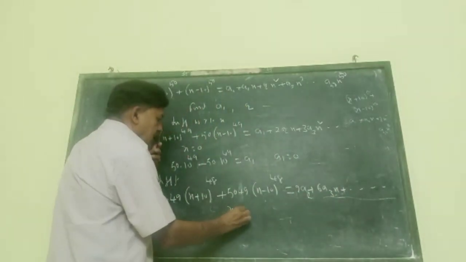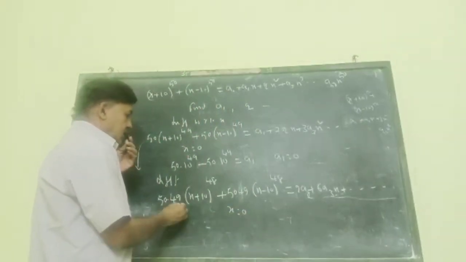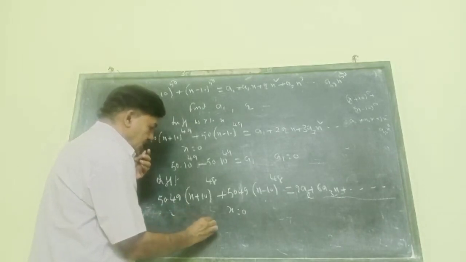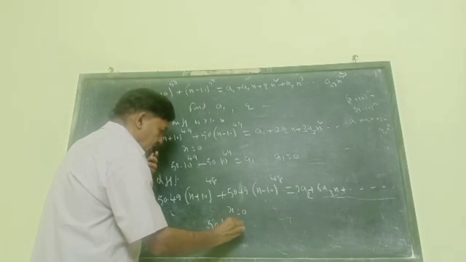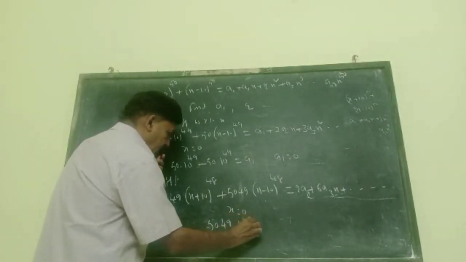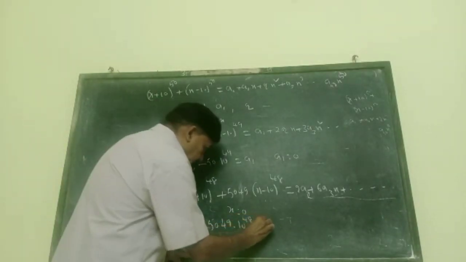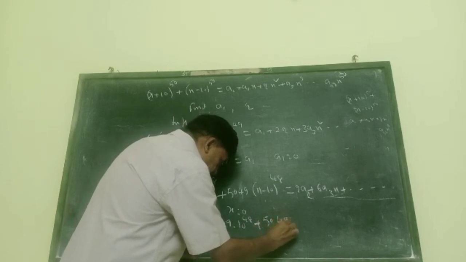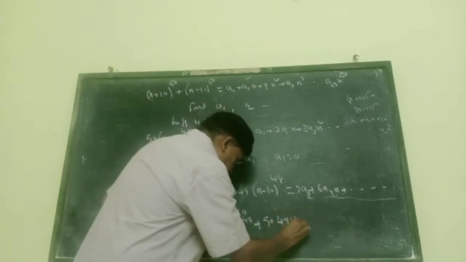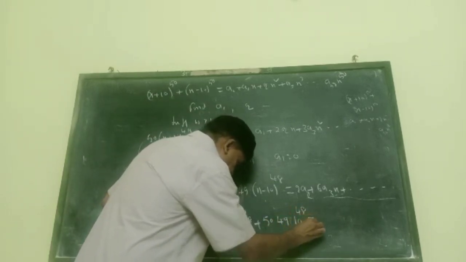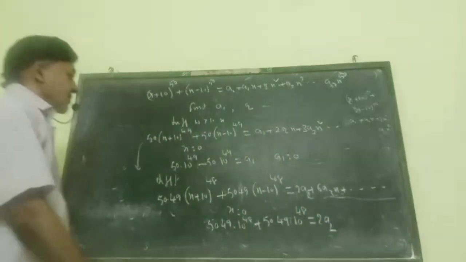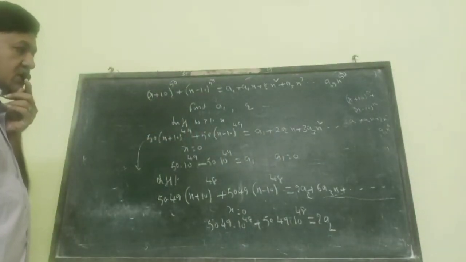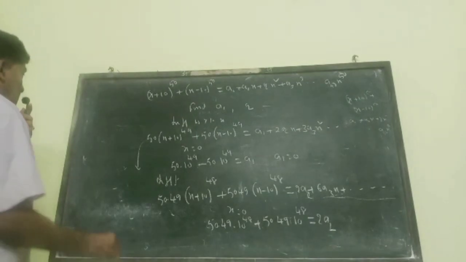You put x equal to 0. You will get 50 into 49 into 10 power 48, is equal to 2a2.